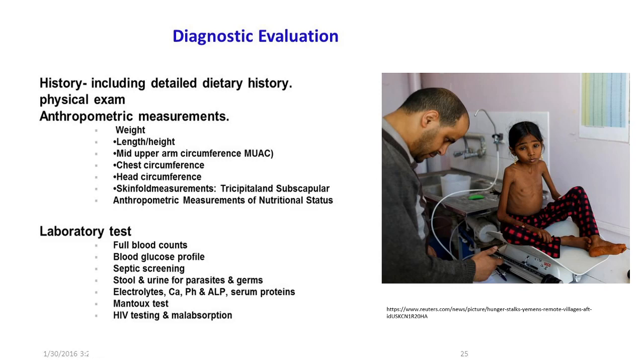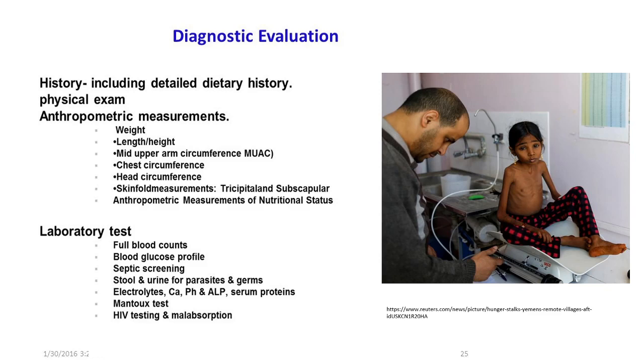We can check the chest and head circumferences, and the skin fold size if we can. And laboratory tests. Complete blood count to find signs of infection and anemia, blood glucose level, septic screening.